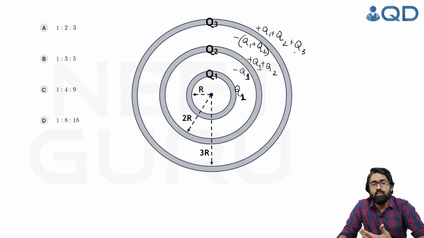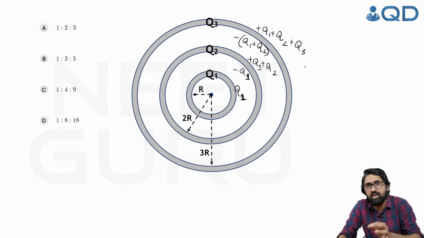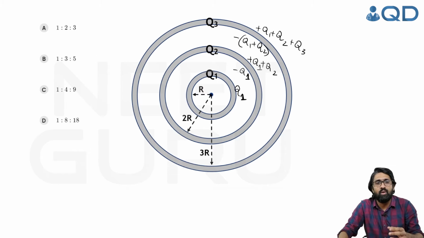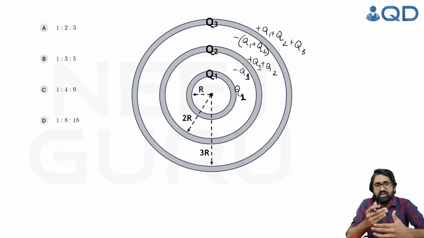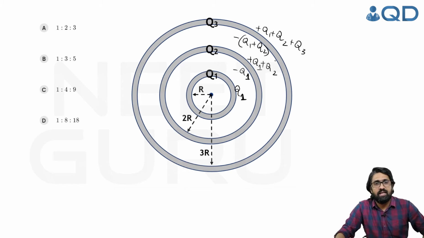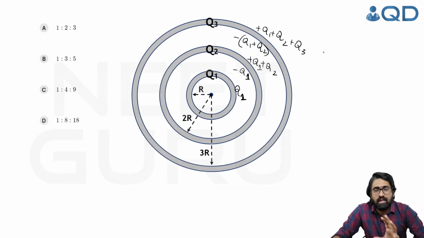So finally, the outer surface of the third shell will have q1 plus q2 plus q3 amount of charge. Electrostatic induction is what causes the rearrangement of charges here. Now, let's look at the outer surfaces of each shell and find out the surface charge densities there.